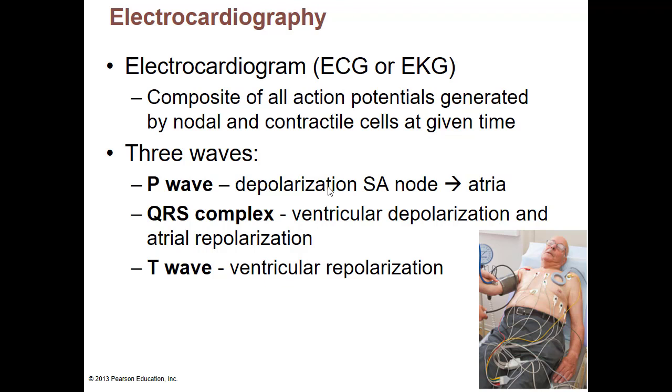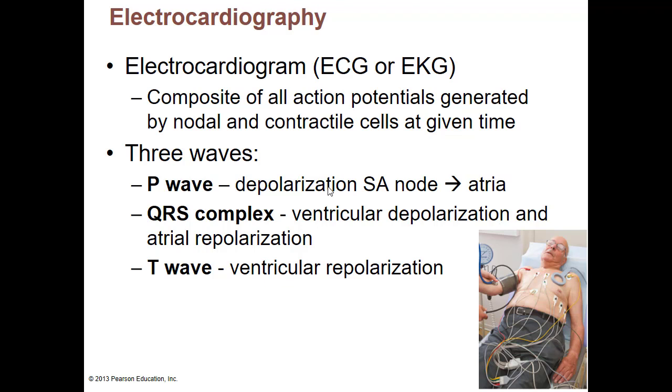The QRS complex is this whole little section here. This is where your ventricles are going to depolarize, which will cause your ventricles to contract. And we want atria to contract and then ventricles to contract.